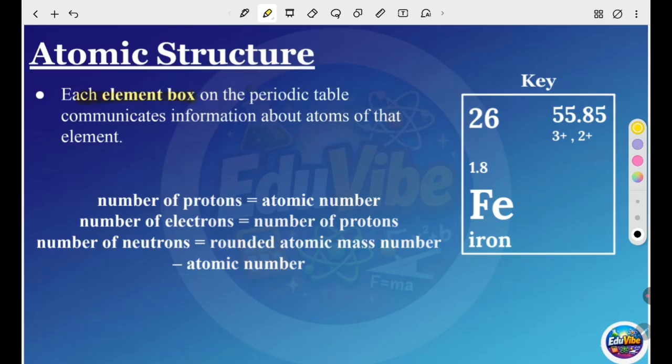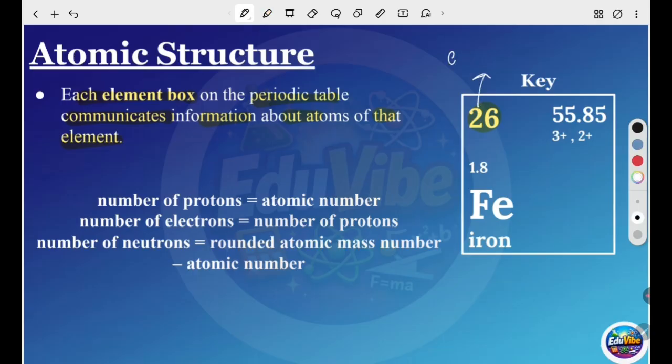Each element box on the periodic table communicates information about the atoms of that element. So how does it communicate? Here we have 26.